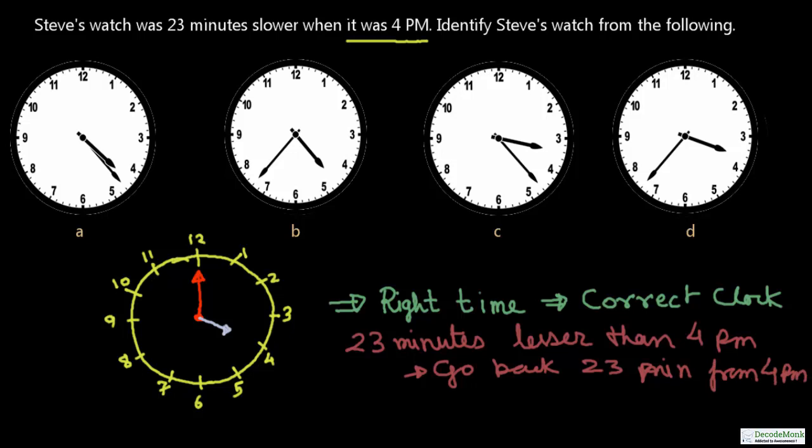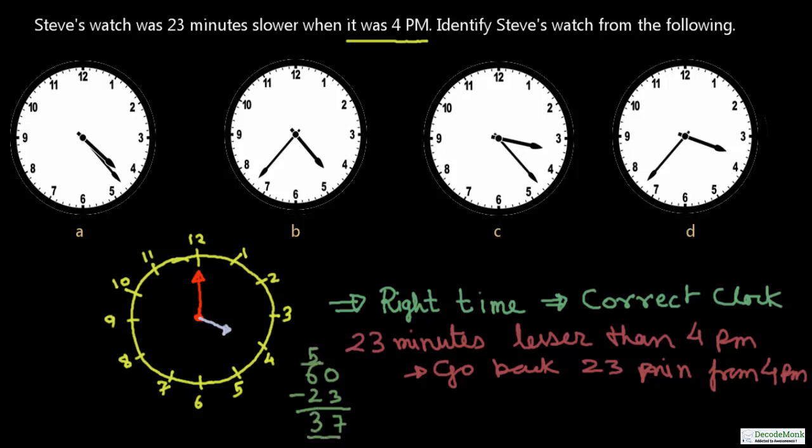So 23 minutes back means we have to subtract 23 from 60. This timing, 4 p.m., is equivalent to 3 hours 60 minutes, and we have to go 23 minutes backwards. So it's 60 minus 23, which is 37.